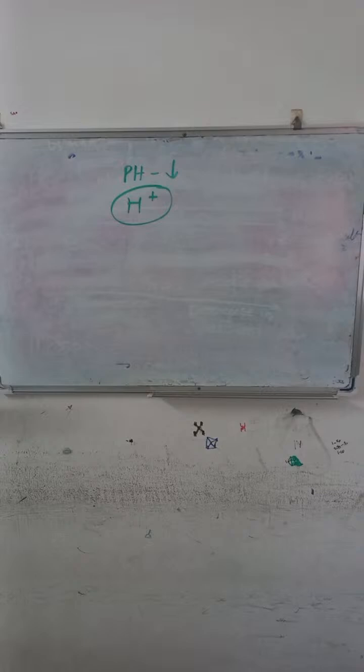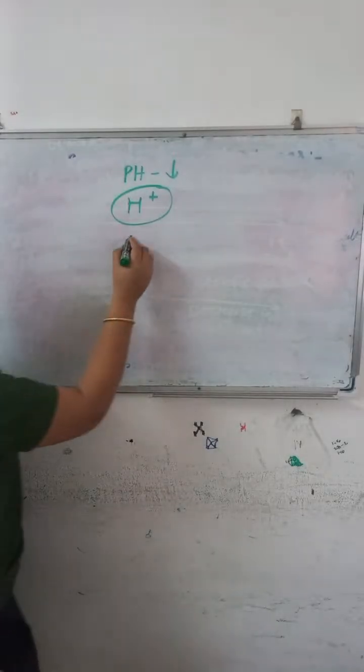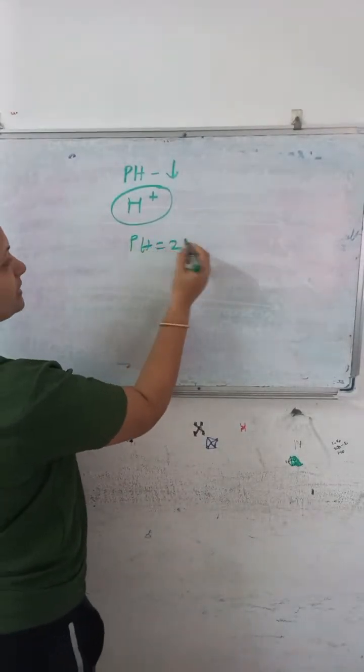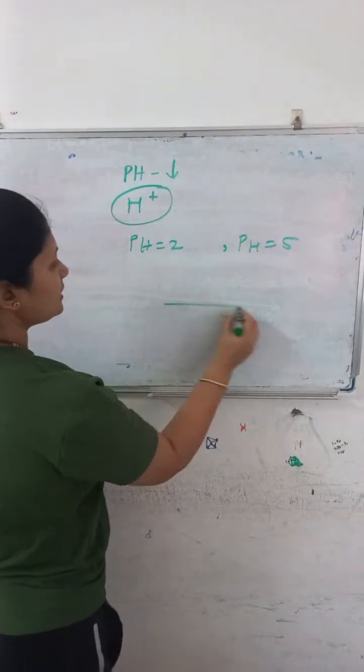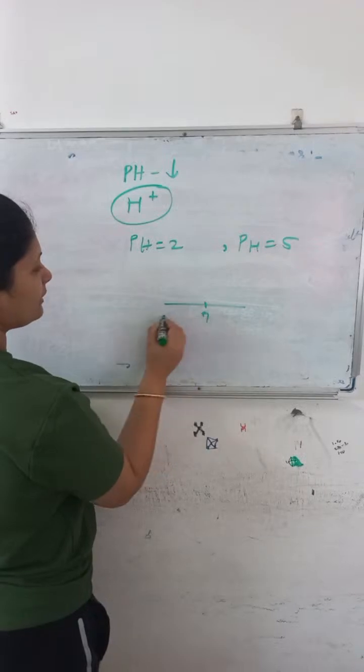Okay, I will repeat: if two solutions of different pH, 2 and 5, are given, which will be a stronger acid and why? So one pH is given as 2 and another pH is given as 5. Just now I showed you the table, from 7 to 0.